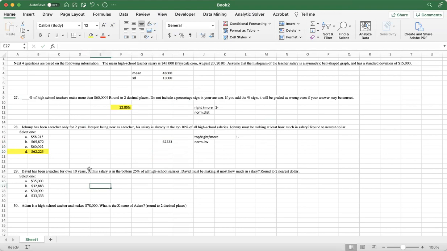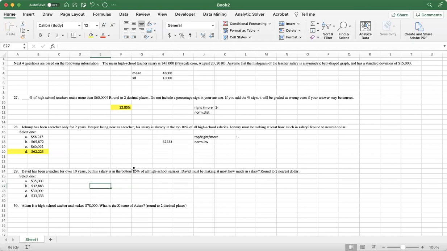So now we're looking at the bottom 25%. So if we're looking at the bottom 25%, we do not need to use the 1 minus because the bottom means to the left and Excel naturally calculates to the left. So we don't have to use 1 minus, we just use the regular norm.inverse function. Again, we use norm.inverse because we're given a percentage.